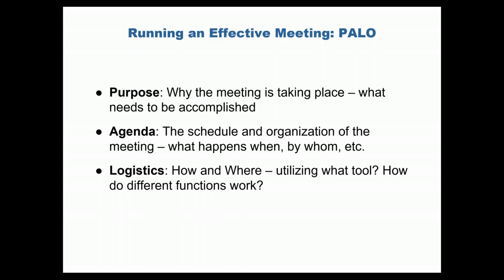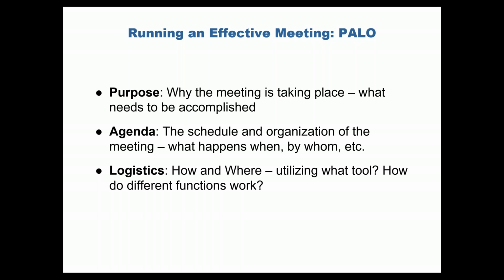L is for logistics. Many times in the online forum, people can forget to discuss the logistics. You remember at the beginning of this presentation, Crystal pointed out to you that there was this orange arrow in the upper corner and that you could put in your questions, which, by the way, you should be putting in. We welcome all your questions. But that is an example of a very simple use of logistics, helping people understand what is the platform we're going to be using?